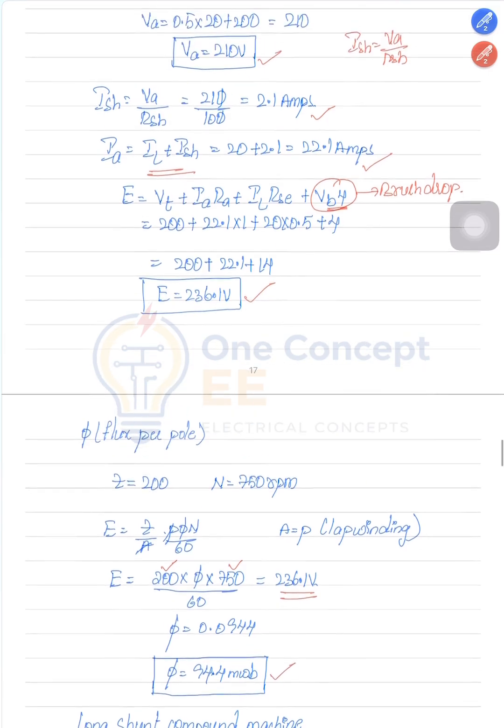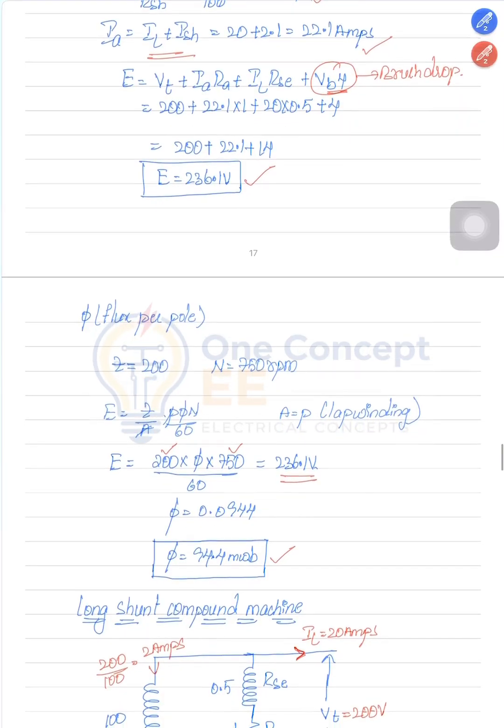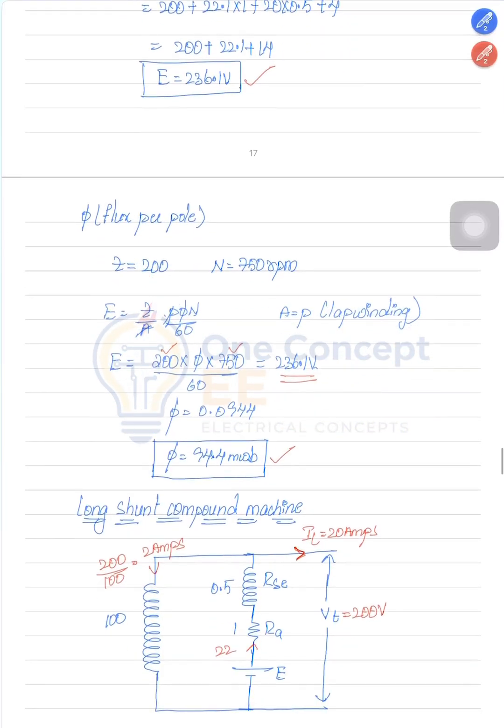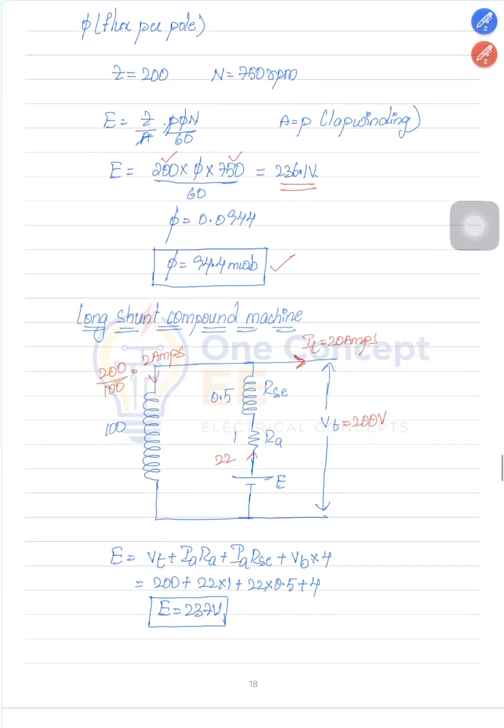Let's suppose that instead of connecting short shunt, we connect in long shunt connection. We need to find the induced EMF and flux per pole. This is a long shunt connection. Here, given a terminal voltage of 200 volts, ISH equals VT by RSH, which is 200 by 100, so this is 2 amps.